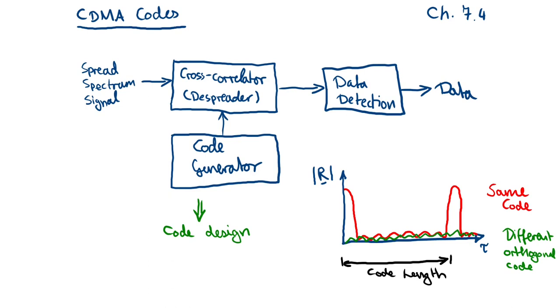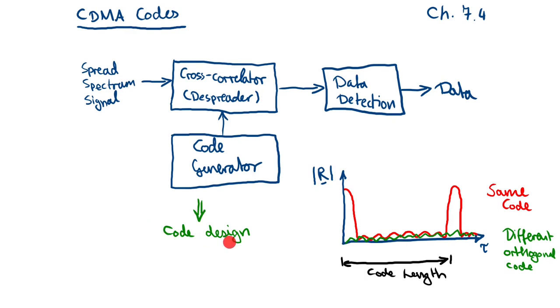So this is the trick behind CDMA to do the multiplexing for users. And to make this work, you need a good code which has good properties so that this correlation pattern can be achieved: high correlation for the same code and a very weak, low correlation output here for different orthogonal codes.